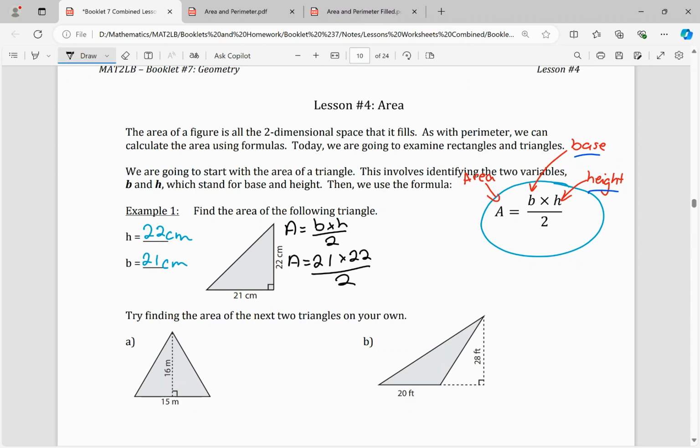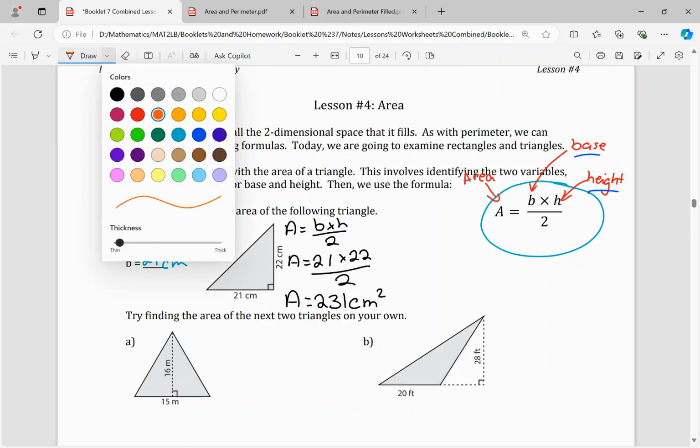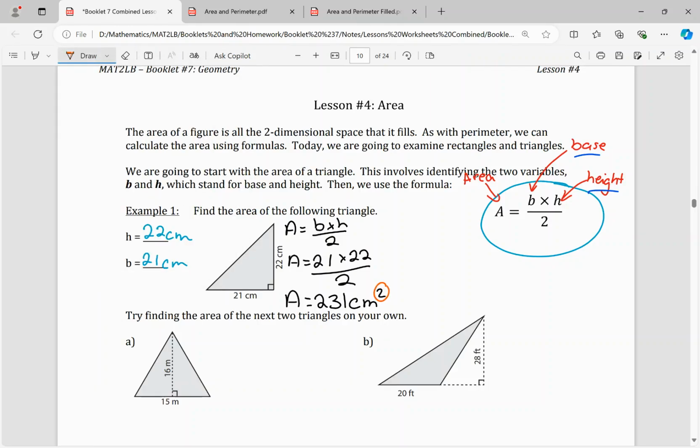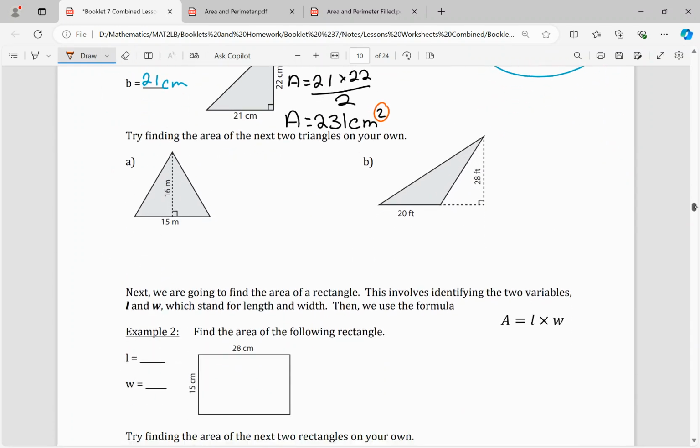Let me grab a calculator real quick. 21 times 22 divided by 2. That gives us an area of 231 centimeters squared. Again, please remember that you are squaring your answer, or rather squaring the units for all the marks.